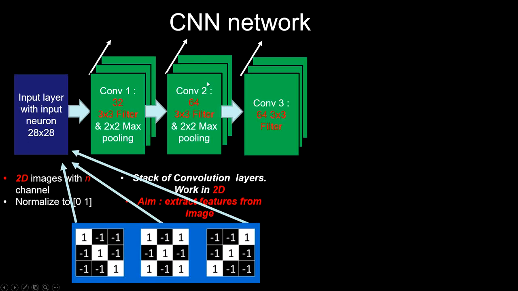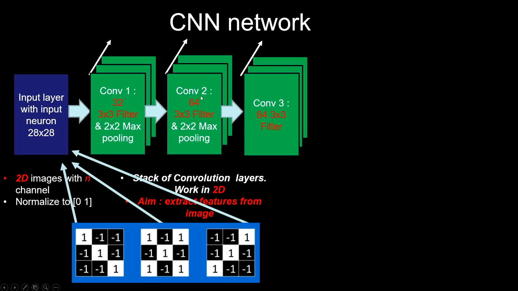If we move on to the second convolutional layer, which is convolutional 2, this type of filters will be applied to the previous stage of the convolutional image, which is known as the feature map of convolutional 1. So for convolutional 1, the input will be the input image, and the output will be feature maps that consist of 32 images.